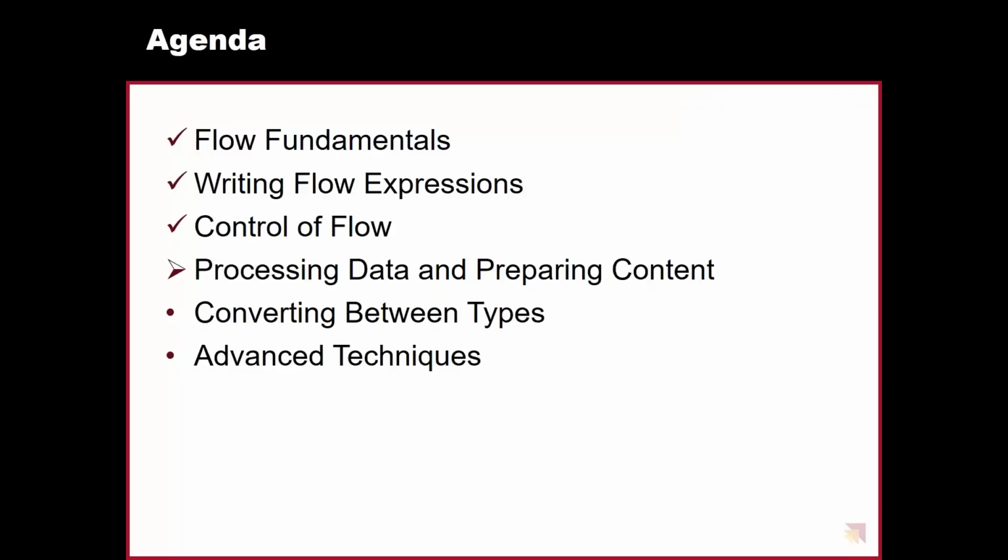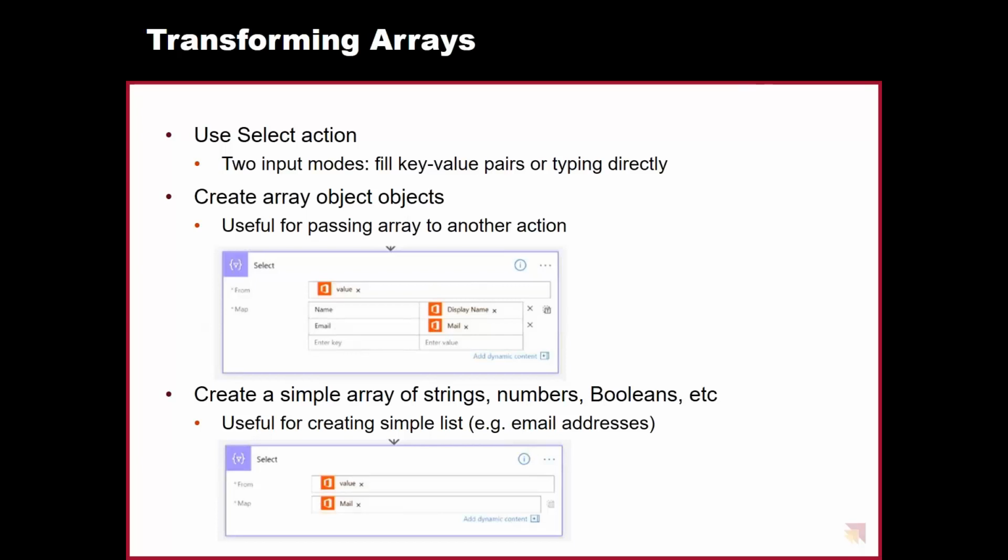Okay, so let's go a little further here and talk about processing data in different ways. One of the things that you're able to do is transform an array. Now, where would you get an array? If you're dealing with a SharePoint get items step, it returns back an object with a value property.